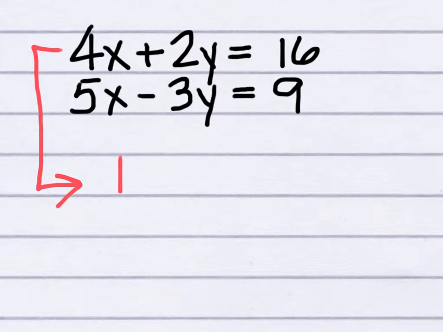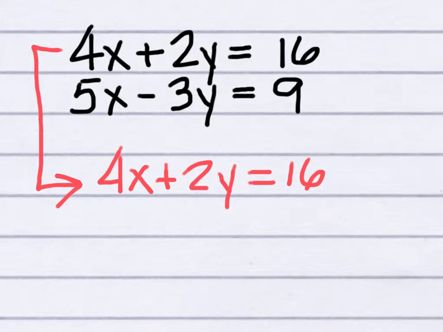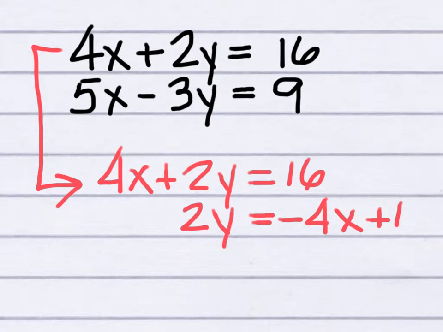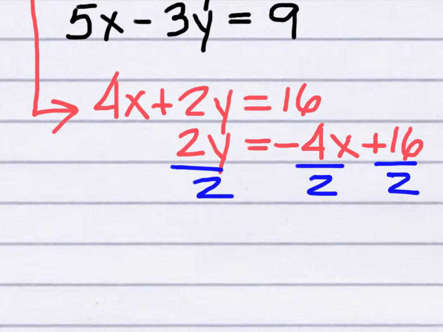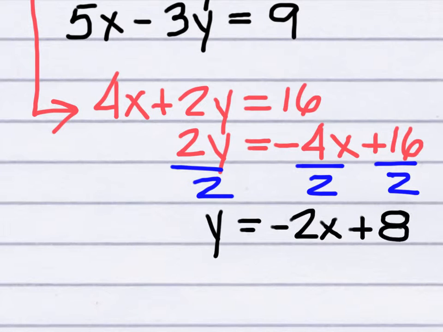So here it is. The equation is 4x plus 2y equals 16, and I want the y by itself. So I'll move the 4x to the right, change the sign, and then divide everything by positive 2. When I do that, I get y equals negative 2x plus 8.